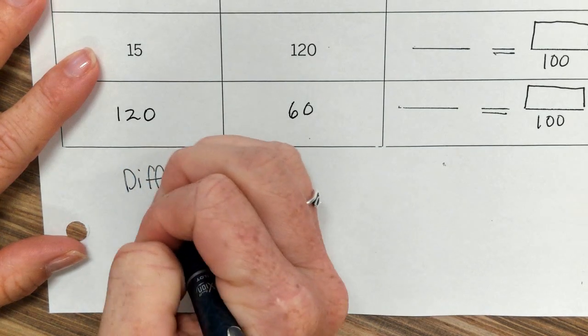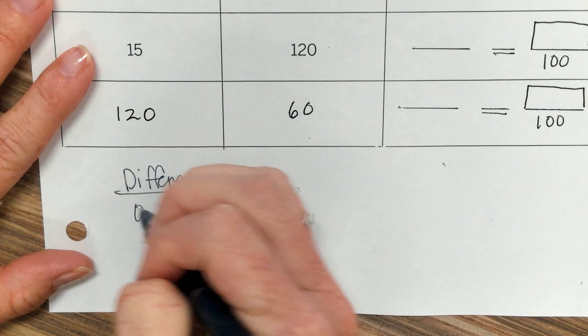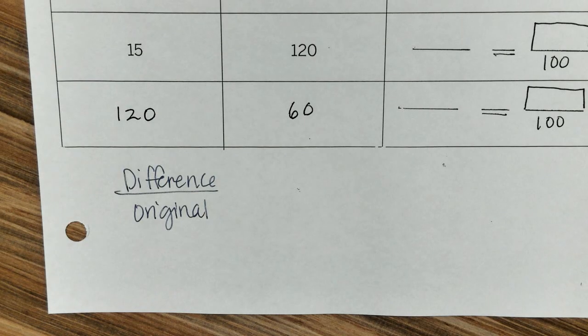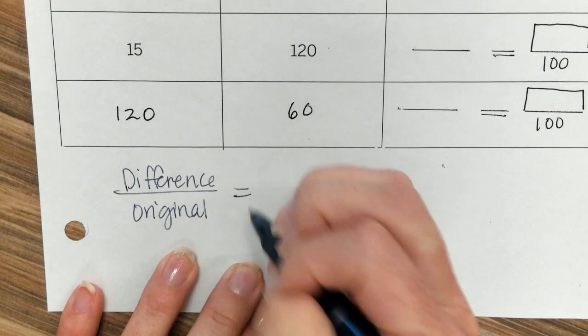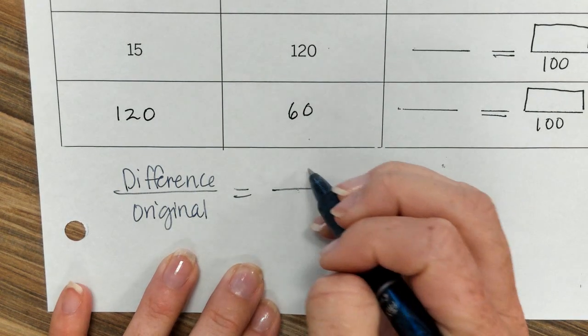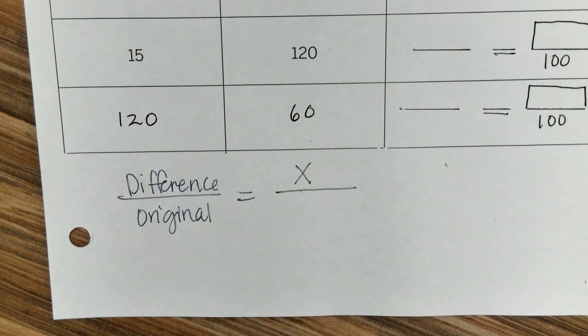The formula, if you'll go to the bottom of your page, is to find the difference of the two amounts and place it over the original amount. And then you're going to set it equal to the percent you're finding, so we're going to call that X. And then what are percents based off of? 100.